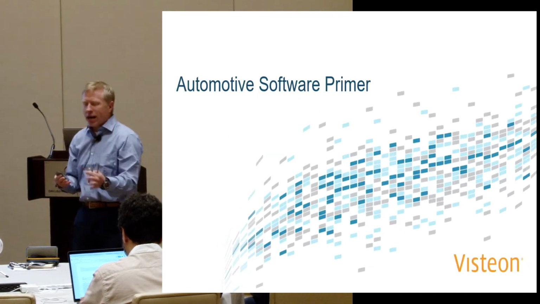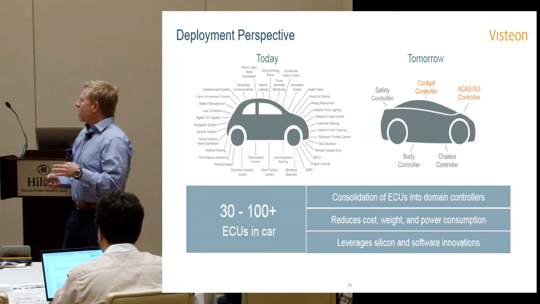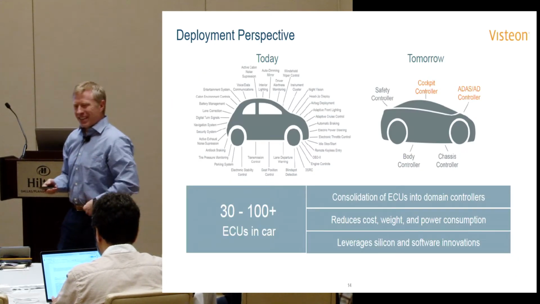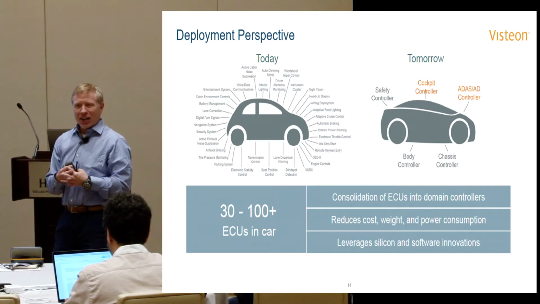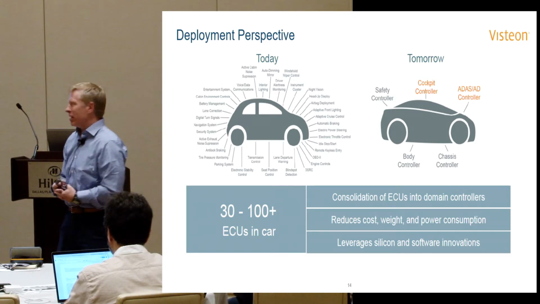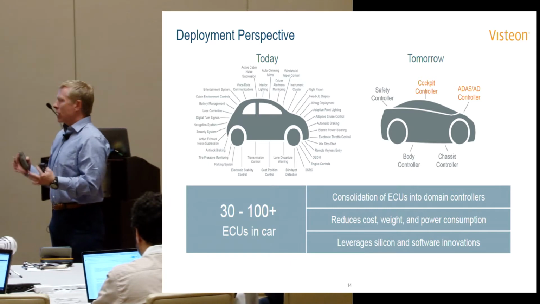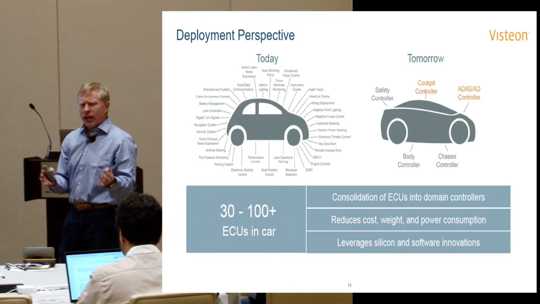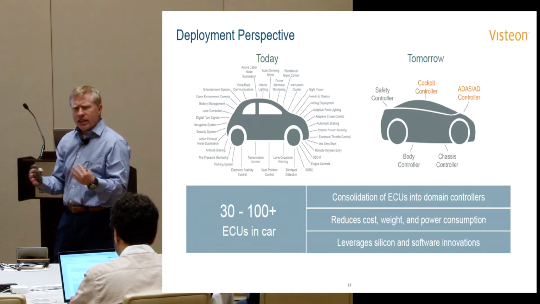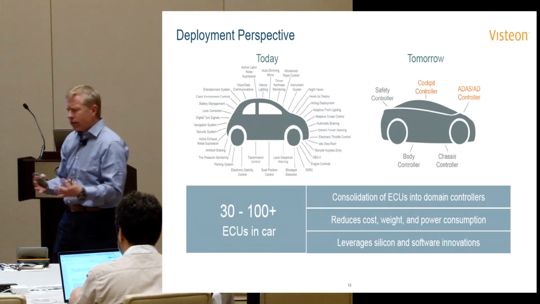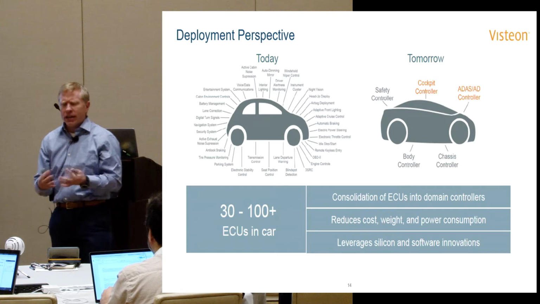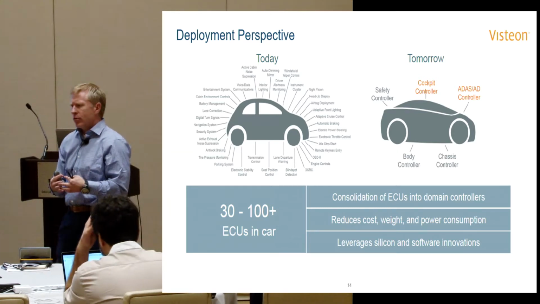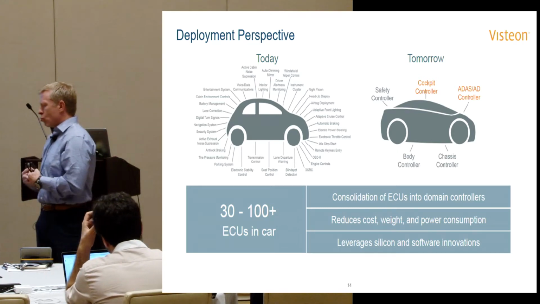Okay, a little bit about automotive software. This is where it gets a little sticky because it depends on what part of the automobile you're talking about. If you look on the left, today there's approximately 30 to 100 controllers in a vehicle, depending on the vehicle. And the trend is to consolidate that into a handful. Why is that?